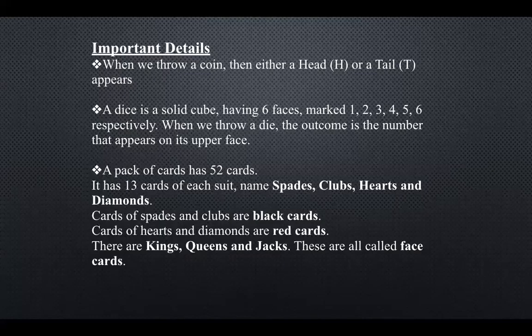Spades and clubs are called black cards, and hearts and diamonds are called red cards. Then there are kings, queens, and jacks in every suit. These are called face cards.